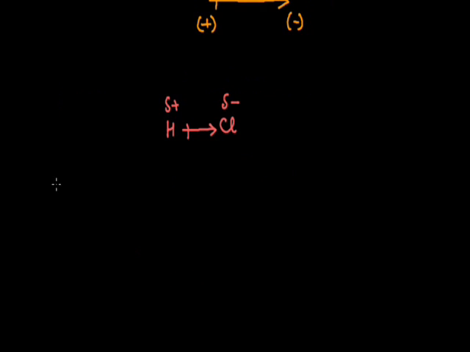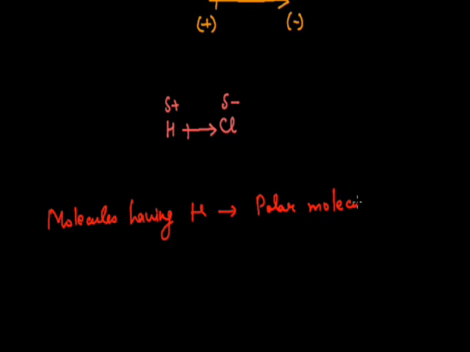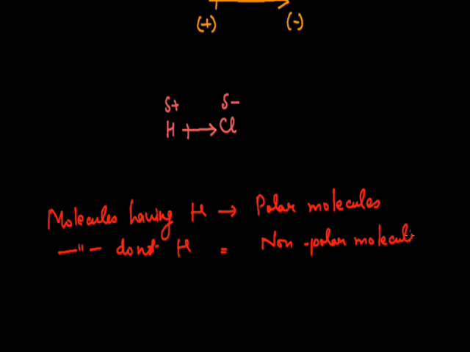The importance of dipole moment is that molecules which have a dipole moment are called polar molecules, and molecules which do not have a dipole moment are non-polar molecules. Example: H2, Cl2, etc.